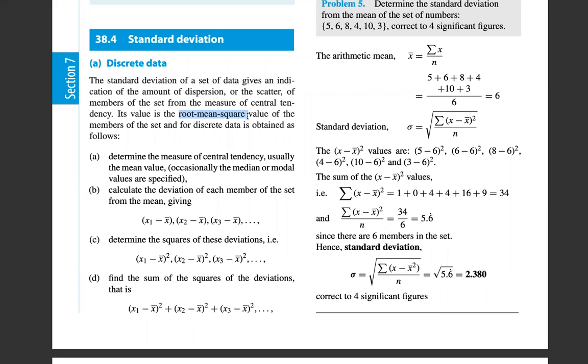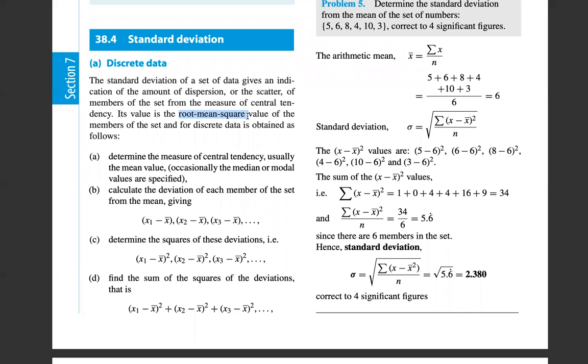Anybody who did any electrical work would know the RMS value of a current or a voltage. It's really a measure of how it is distributed. A fluctuating signal varies, and an RMS value gives you an idea of what the average value is. And it turns out to be a useful average value. Okay, that's what the standard deviation is.